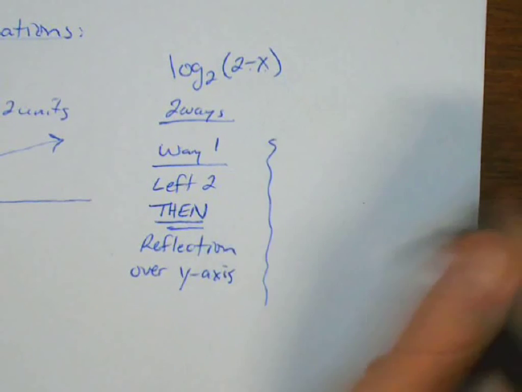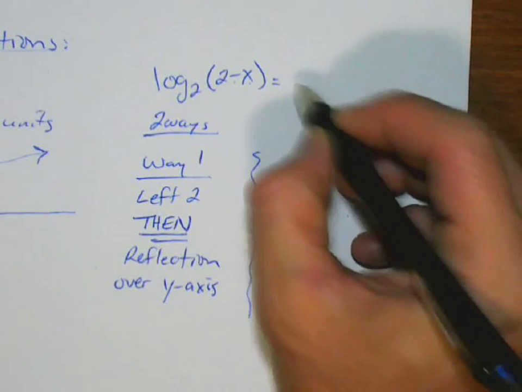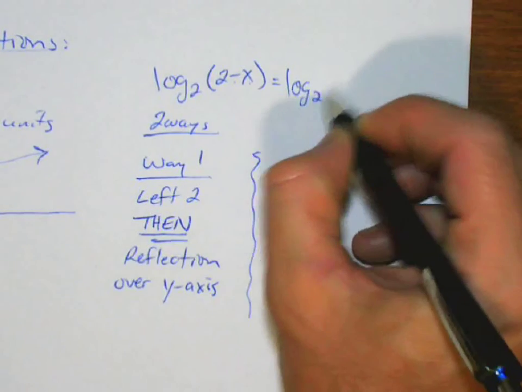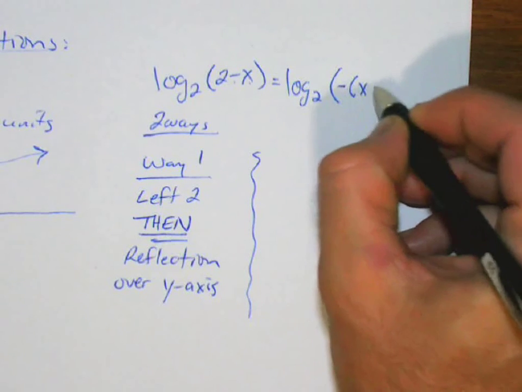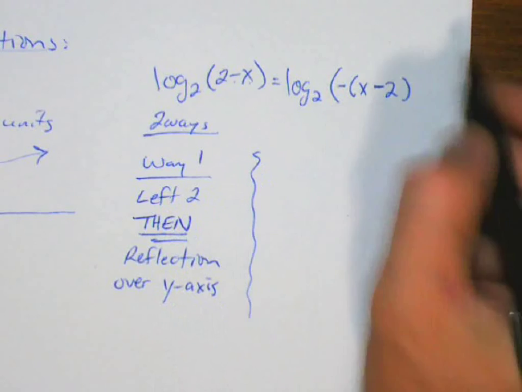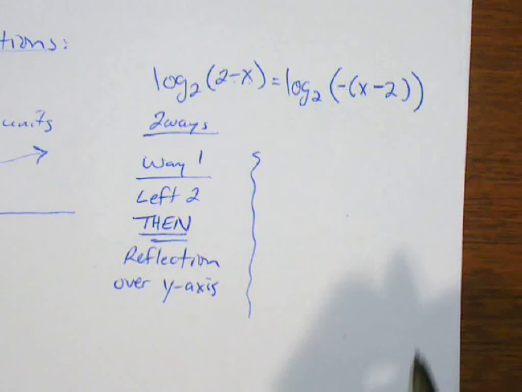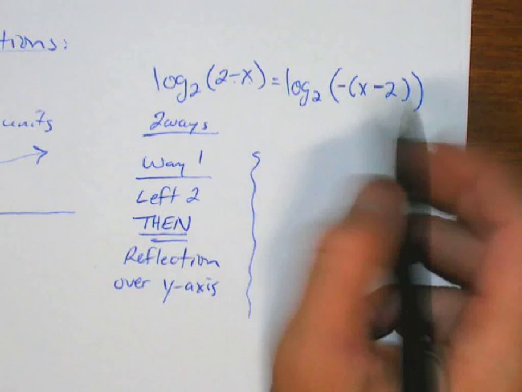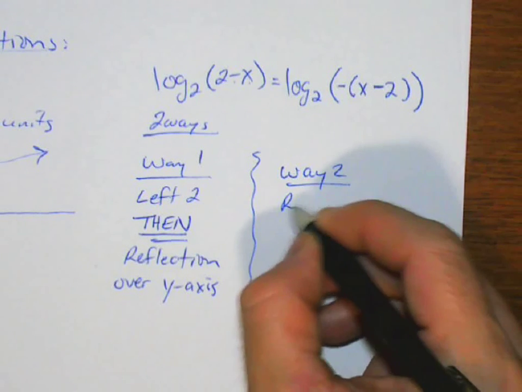Way number two is to think about this logarithm in a slightly different manner. This is actually log base 2 of negative x minus 2. Notice those two things are still the same thing. You can verify that for yourself by thinking about distribution. If you think about it in this manner, you actually have to reflect first.